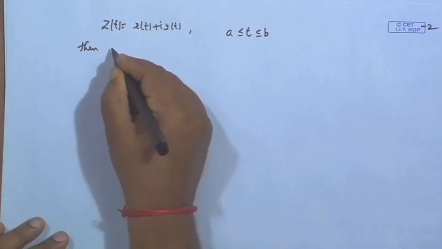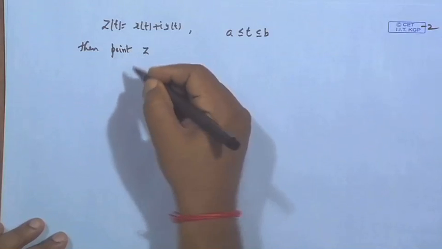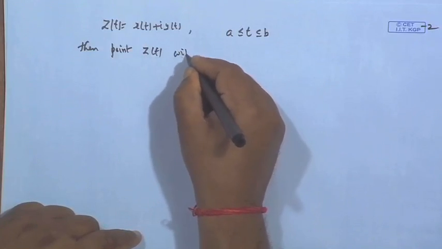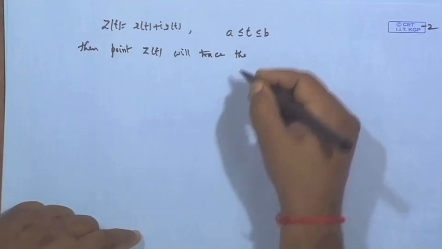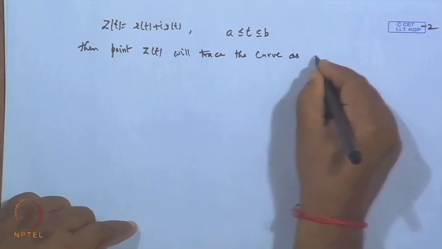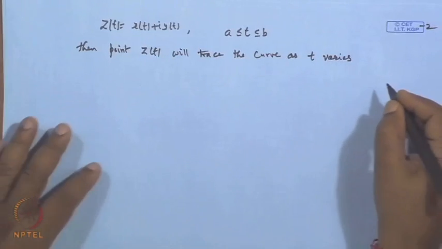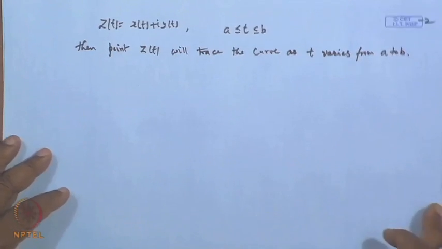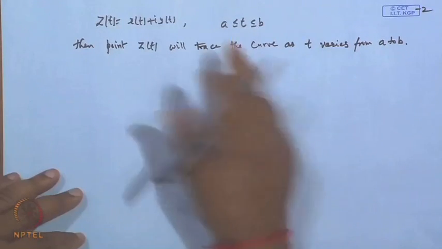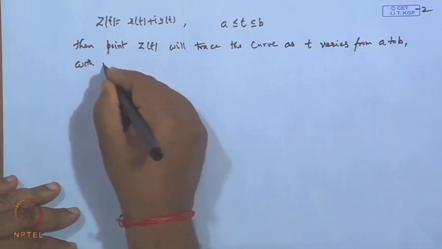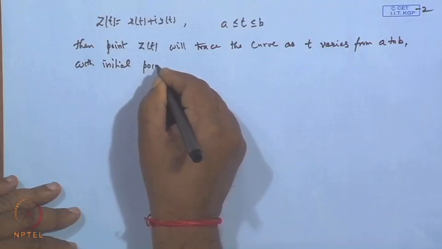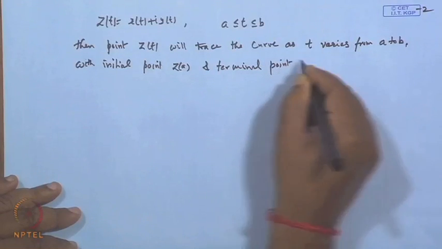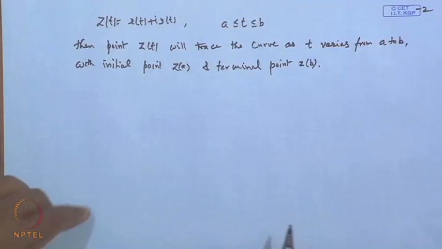Then the point z(t) will trace the curve as t varies from a to b, with initial point z(a) and terminal point z(b).